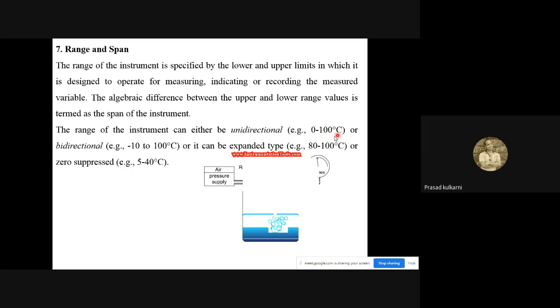So 0 to 100 degrees Celsius is unidirectional, and bidirectional means -10 to 100 degrees Celsius. That means the temperature is going both negative and positive. And it can be an expanded type, 80 to 100 degrees Celsius, and zero suppressed, meaning 5 to 40 degrees Celsius. The same case we see for the pressure parameter too. So simply you can call the upper and lower limit the range, and the difference between upper and lower limit can be called the span.